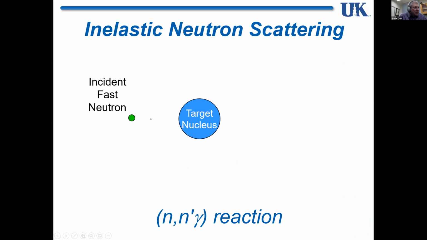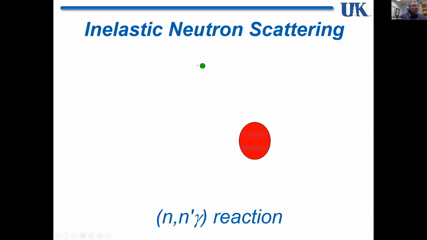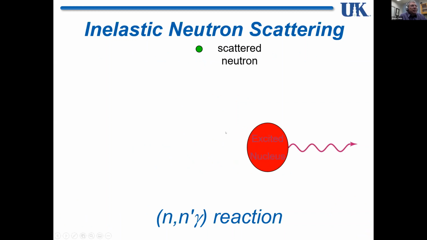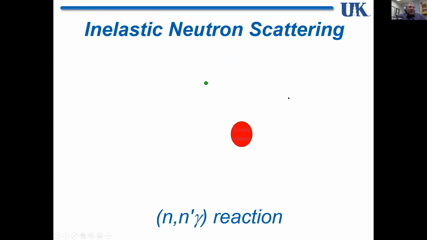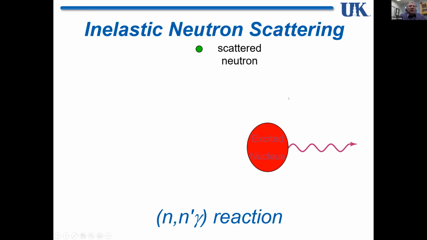To give you an idea of the fast neutron reaction I'm talking about, we have an incident fast neutron, and it scatters from the nucleus, the nucleus recoils, and it cools by emitting gamma rays. Let me just show you that again, in case you missed it. It looks very much like a compound nucleus or fusion evaporation reaction, and I would agree with that.